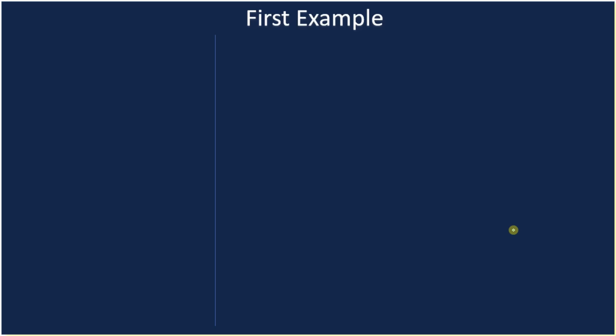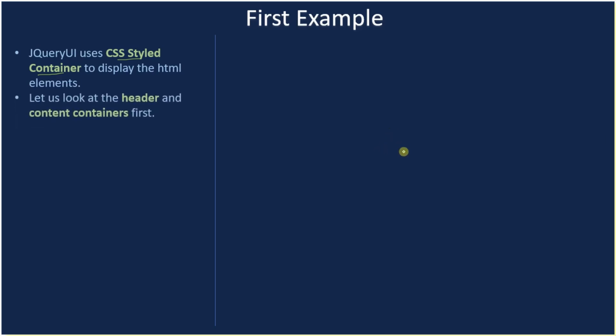Alright, let's create our first example. jQuery UI uses CSS styled containers to display the HTML elements. So here a container holds the other HTML elements. Let us look at the header and content containers.